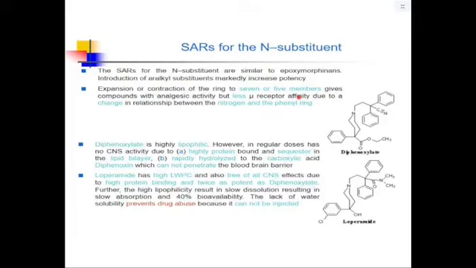Of course, the sites within the receptor are fixed. So the distance between these two groups also must be within a certain distance so that it can interact with these receptor sites, which are fixed, because the receptor sites for morphine within the host will not change.